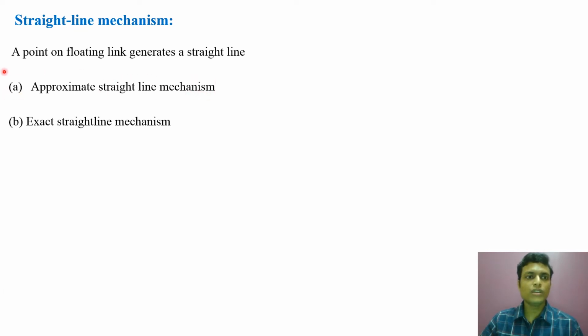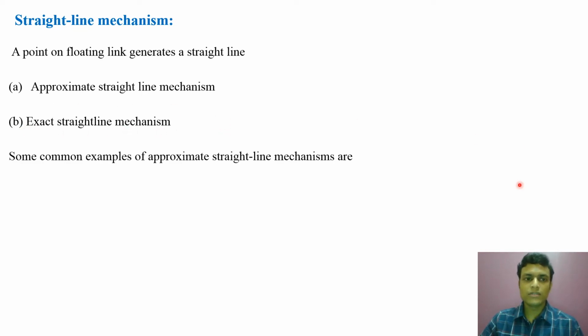Rather, a portion of the path is a straight line. Whereas in an exact straight line mechanism, the entire path of the point on the floating link is a straight line. So let us start with approximate straight lines.